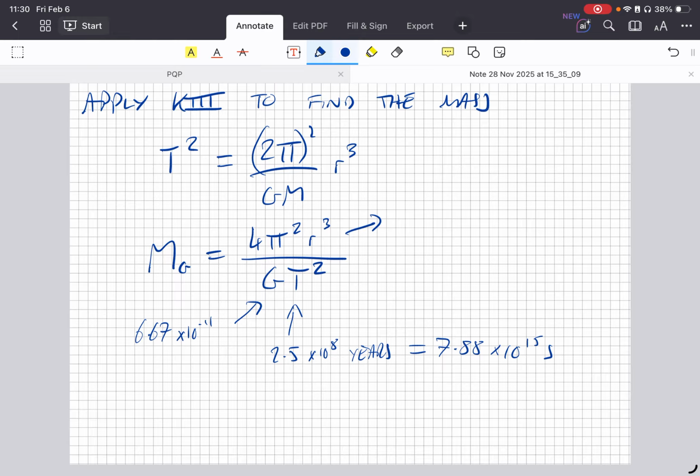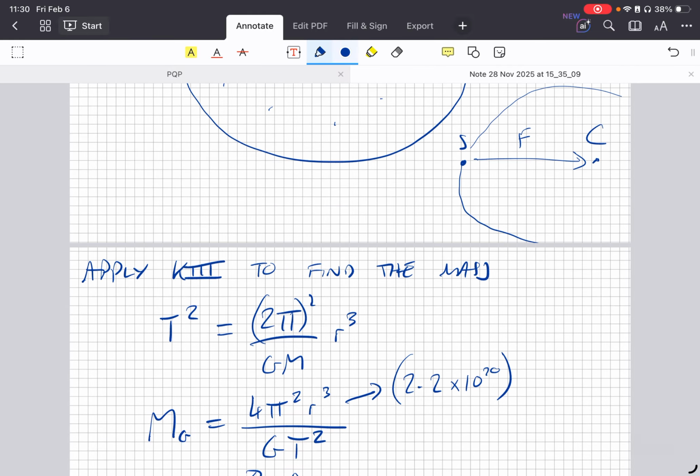R here is the radius of the orbit of the sun, which we're told in the question is 2.2 times 10 to the 20 meters. And pi obviously is just a constant. So we can substitute in all those numbers and calculate what the mass of the galaxy is, and it comes out to be 1.01 times 10 to the 41 kilograms.